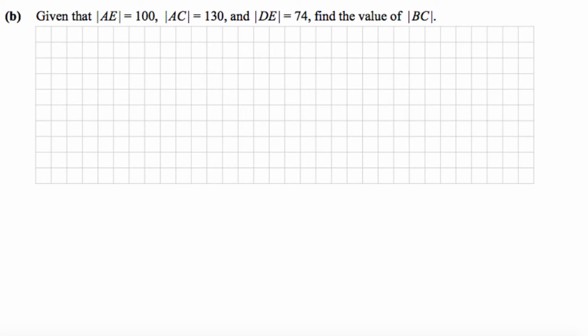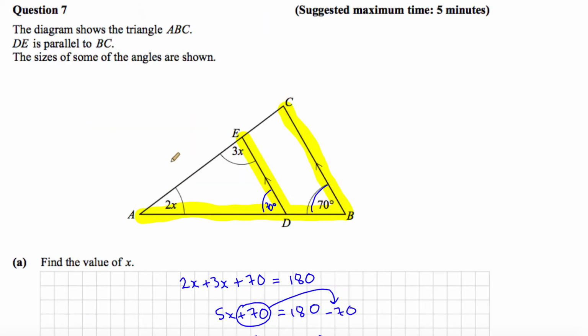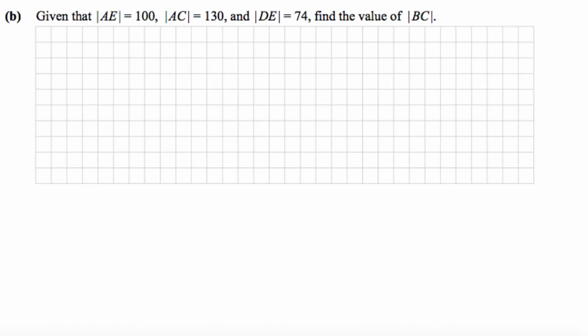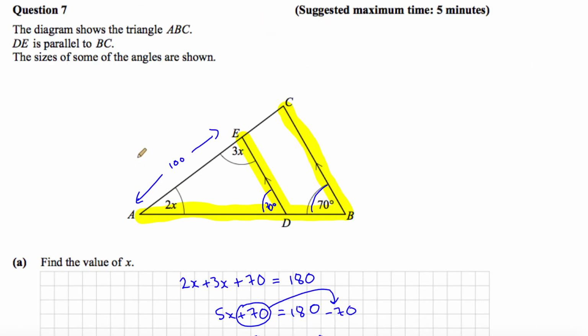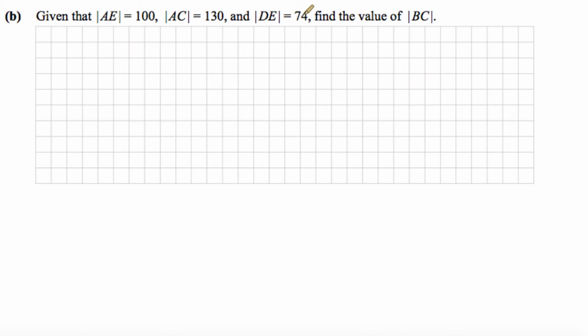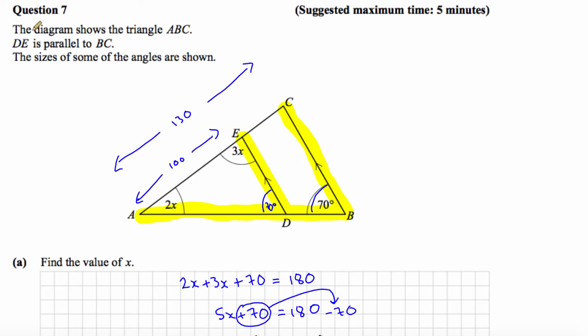Okay, so AE is 100, AC is 130, so A down to C is 130, that's the length of AC, the whole thing. And DE is 74, so 74 for this length, and we have to find BC.